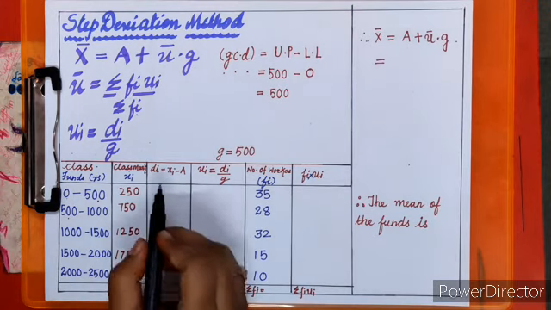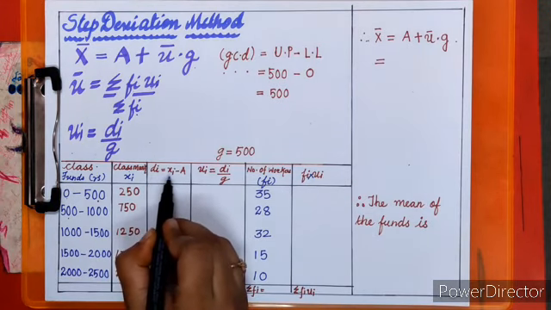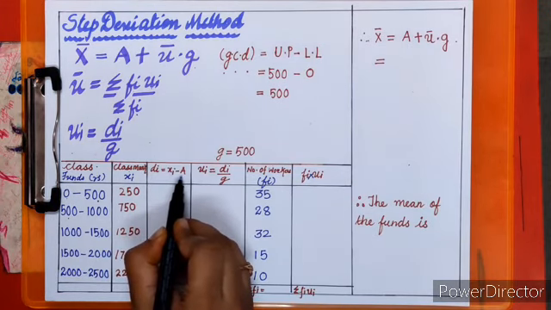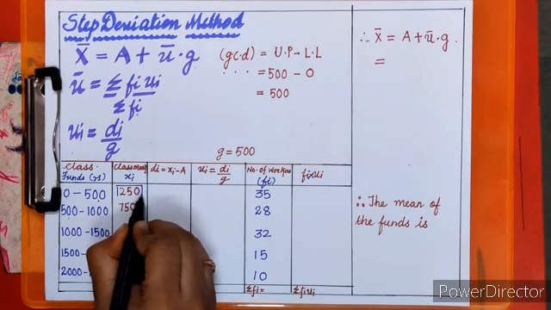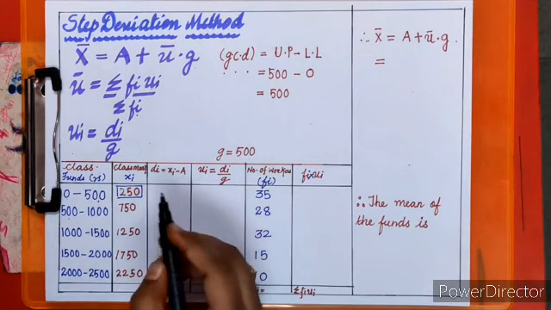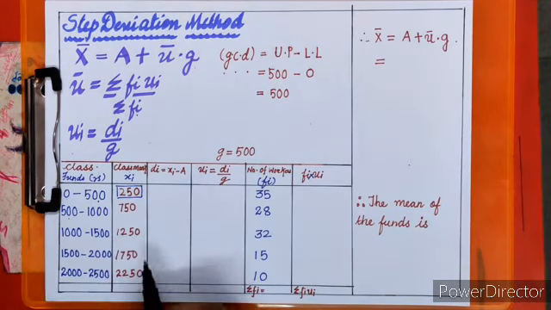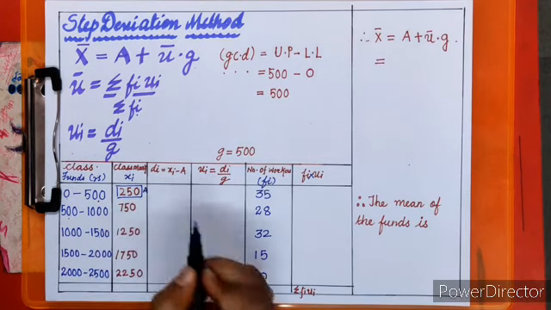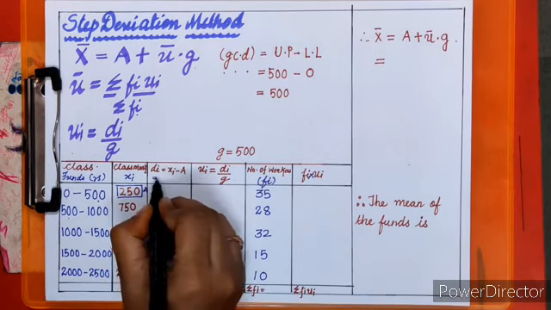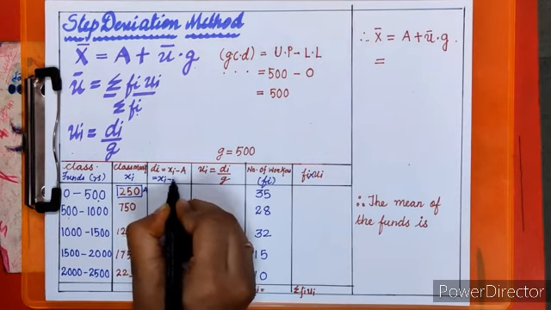Now the third column is deviation. You know the formula, class mark minus assumed number. Now we will assume a number from the class mark. I will be taking 250. You can take any number from 250 to 2250. I am taking 250 as the assumed number. So now your formula is class mark minus 250.